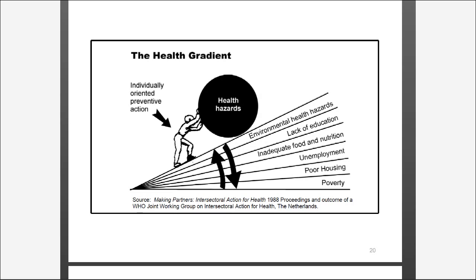I could keep going down this list, but there are a number of issues outside of the control of individuals, and also outside of the healthcare system, that are buttressing this health gradient. And so what we need is more action on these issues outside of the healthcare system if we're going to address the health gradient.